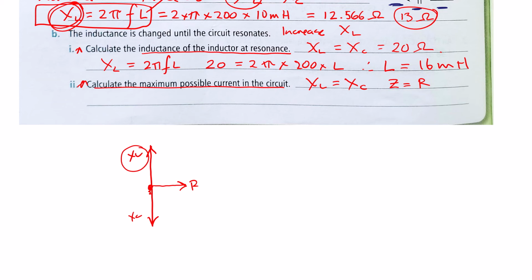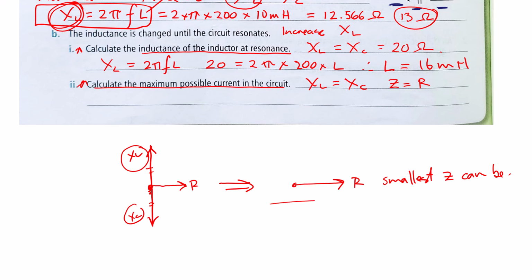We can see XL equals XC. So these reactances will cancel one another out. So we will simply be left with resistance, and that's the smallest that the impedance can be. It's the lowest value it can have.